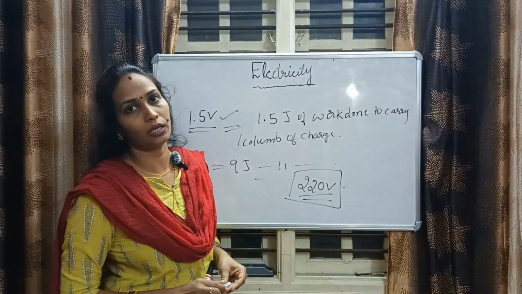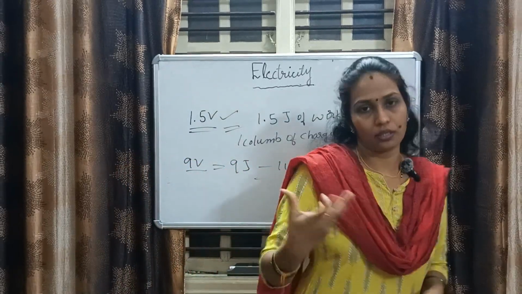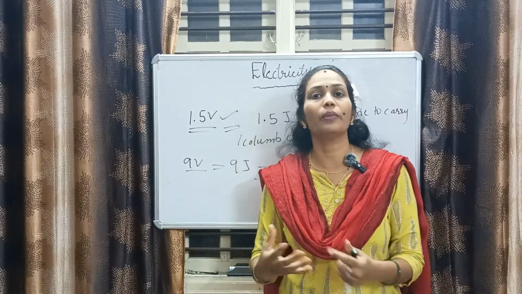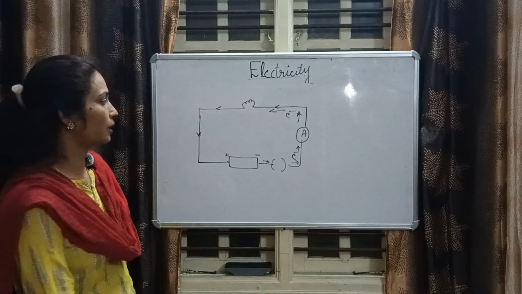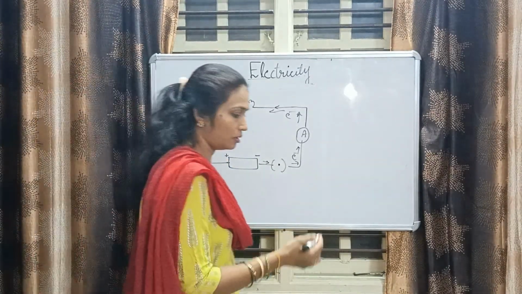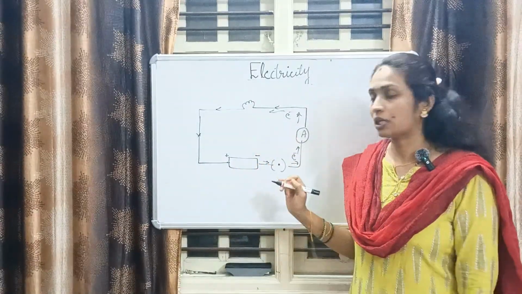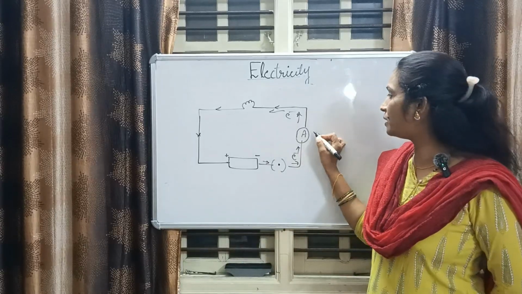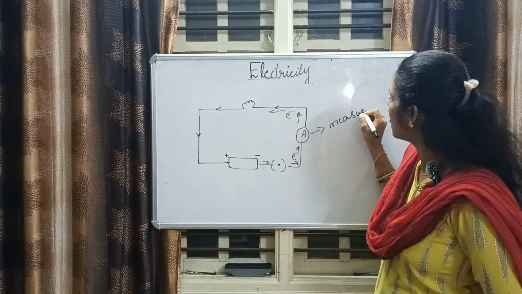Now we'll move on to our next topic, that is which device is used for the measurement of this potential difference. Okay, this is one circuit that I mentioned in the previous classes. That is the circuit diagram that I mentioned in the first class, how we have to represent the circuit diagram and everything. Ammeter is there. It is a device used to measure what, guys?